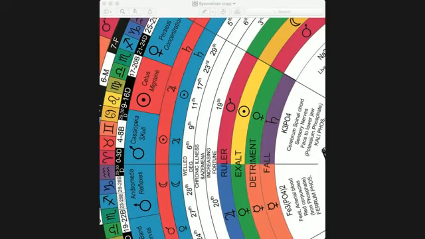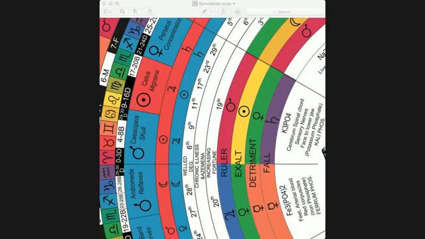Well, it's easy. If you were born at night, say midnight, then you have to consult this blue ring. It's no use consulting the red one, because that's for the daytime people. People who were born in the daytime belong to the diurnal sect. People who were born at night belong to a nocturnal sect.